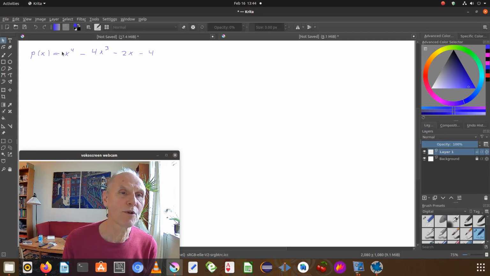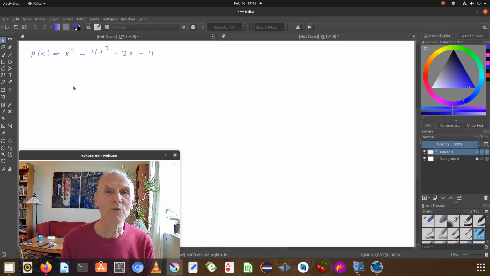There's 1 change from plus to minus 4, so there is at most 1 positive root. And it's easy to see there is 1, because at naught it gives minus 4 and it tends towards infinity. So that proves there is exactly 1 positive root, as I claimed.